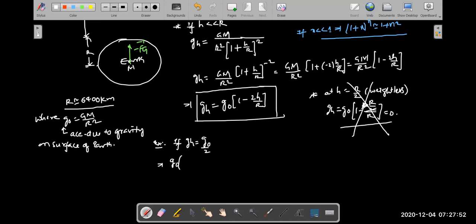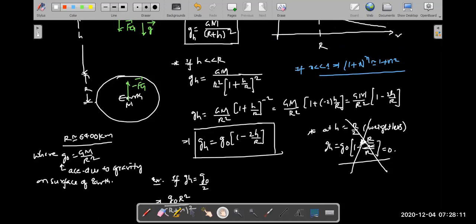This is g naught into, what's the original relation? Gm by R plus H whole square, right? Can we write it this way?